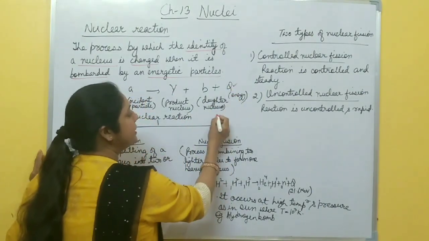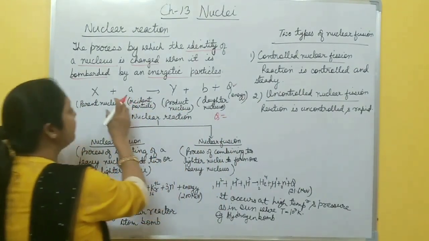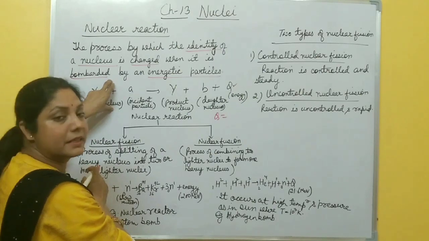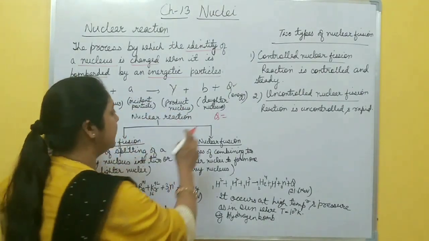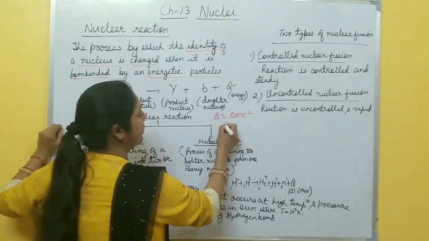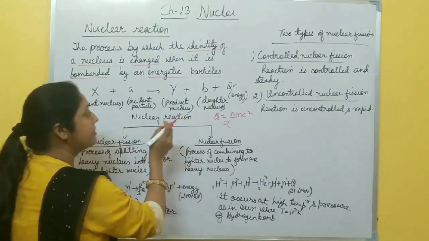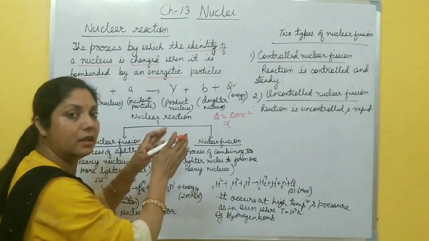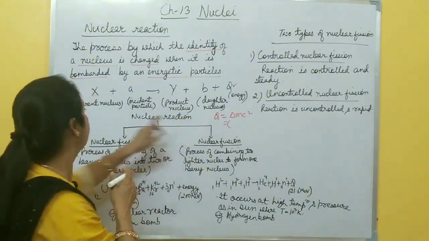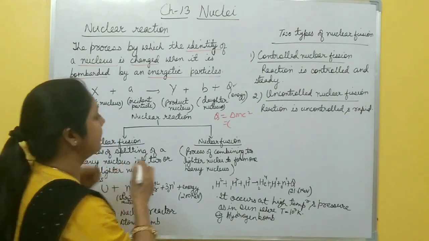Why is this energy released when it is bombarded with a high energetic particle? Due to the difference in the masses of reactants and products. Here Q is nothing but delta M c squared. What is delta M? A mass defect, the difference in masses of reactants and products. The mass of reactants is always greater than the mass of products. So here the mass of reactants is X plus A.